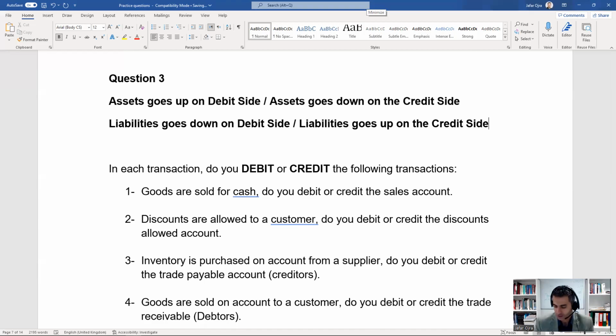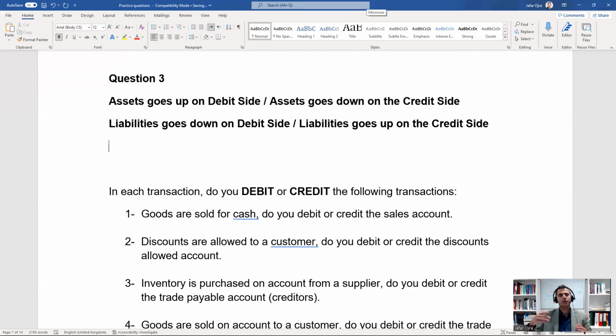Here we go. So that's rule number 2. This is the opposite of assets. If you know rule number 1, you should be able to know rule number 2, which is any liabilities go down on the debit side and any liabilities go up on the credit side, guys.